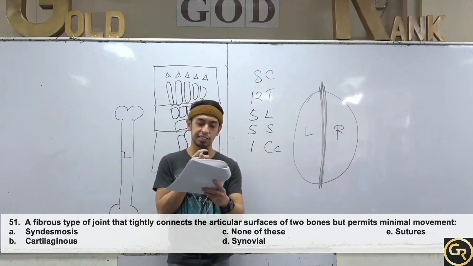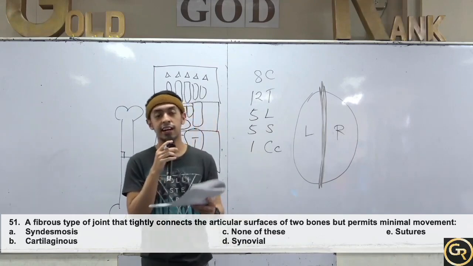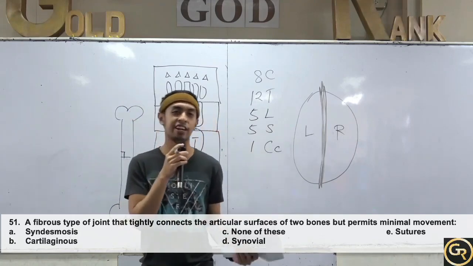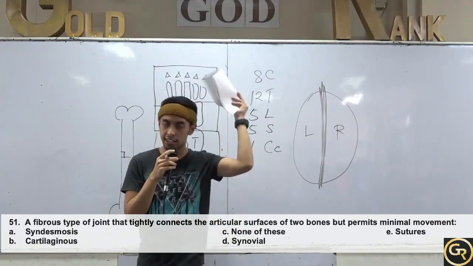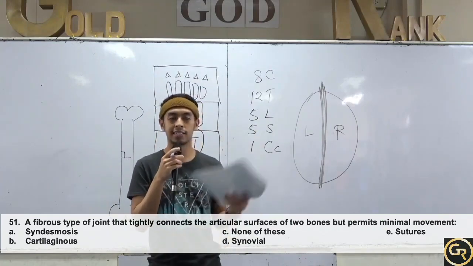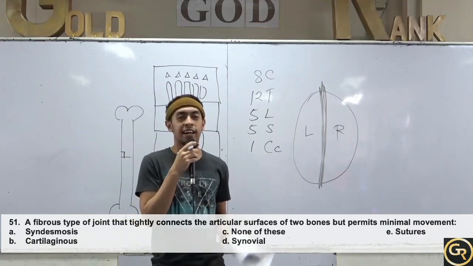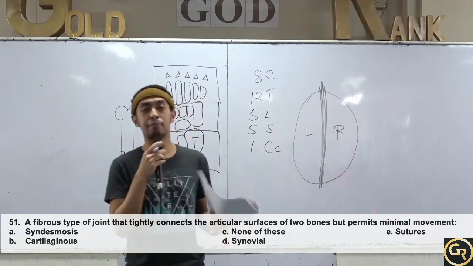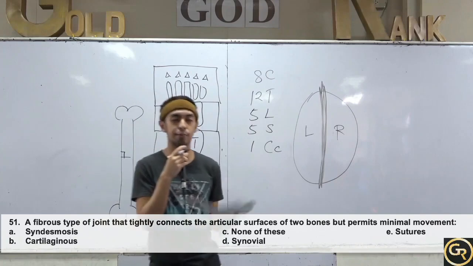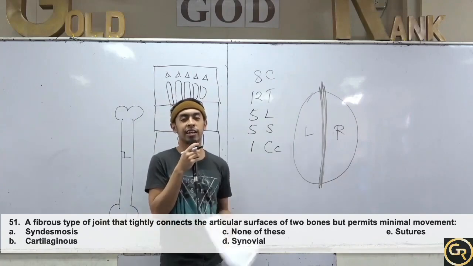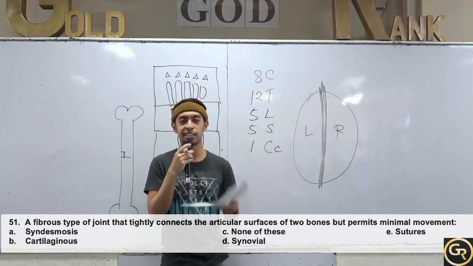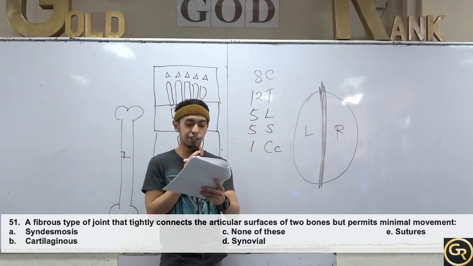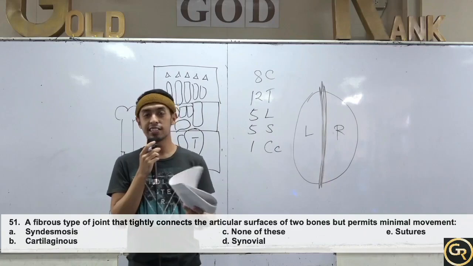You're only left with your syndesmosis and your sutures. However, you can already remove here your sutures, because there are sutures that can be found in the skull. They would not provide movement at all. Talagang fused na itong mga joints na ito. So you're left with your letter A, your syndesmosis.